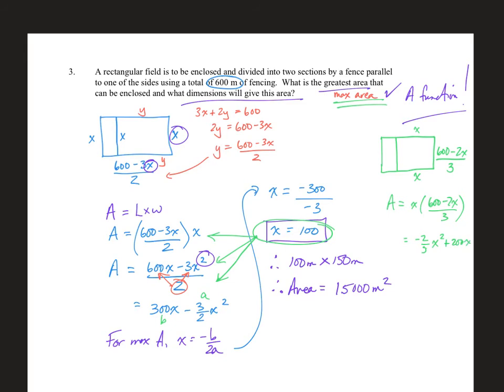Now when I go through to find my max area, and I use negative b over 2a, notice my negative 200 over, now in this case, I have to divide by a fraction. It just means that I have to do a little bit more work.